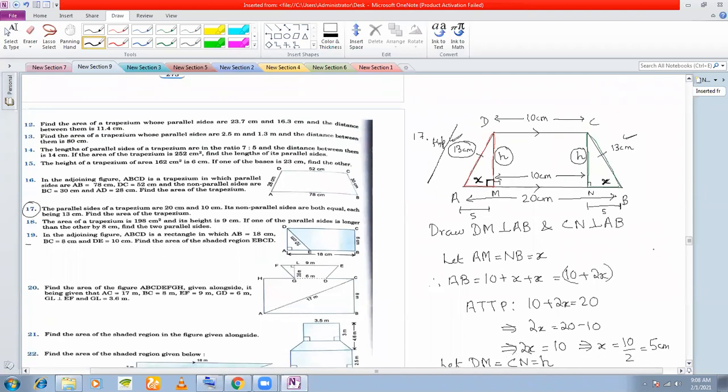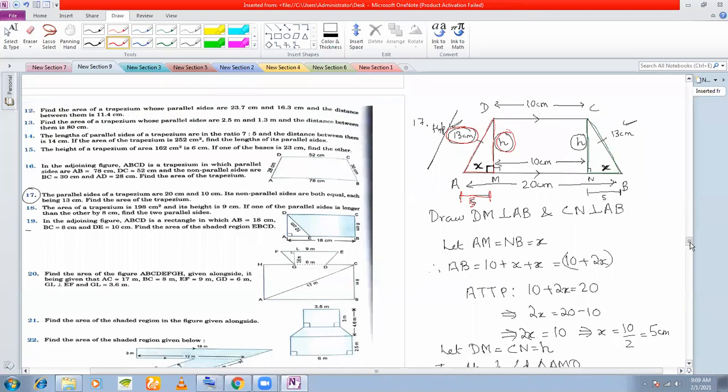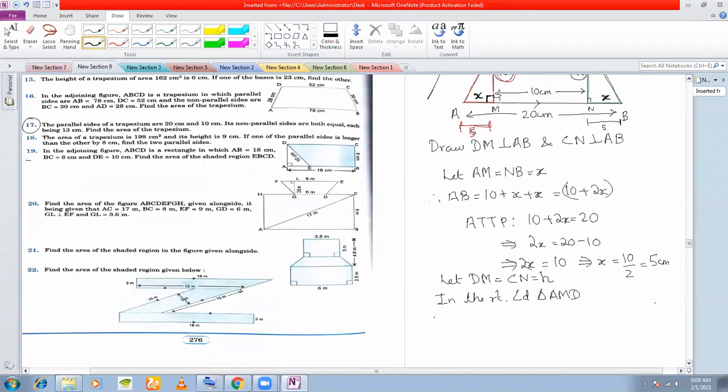Now you know that in a right angle triangle, hypotenuse square is equal to perpendicular square plus base square, right? In this right angle triangle, you know the length of the hypotenuse, you know the base 5. That means you can find out the perpendicular h. That is what we are going to apply. So we'll first write hypotenuse square is equal to perpendicular square plus base square.